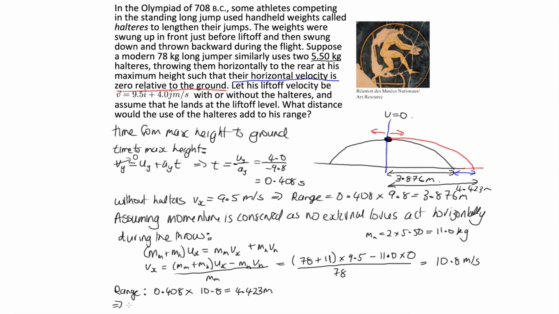So this tells me that the difference is equal to 4.423 minus the 3.876. And solving this gives me 0.55 meters. So he manages to go an extra 0.55 meters with the halters than without them.